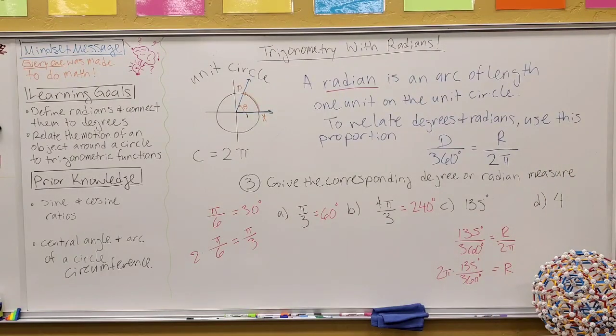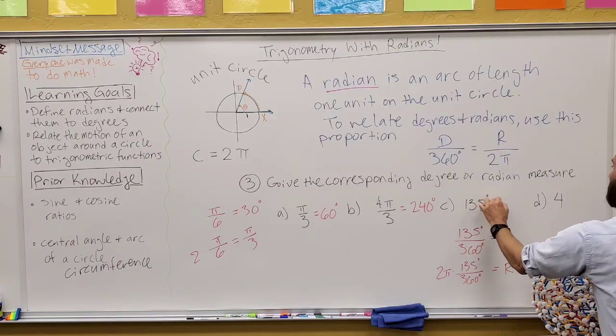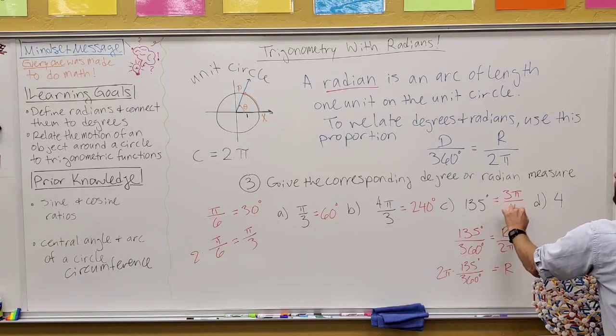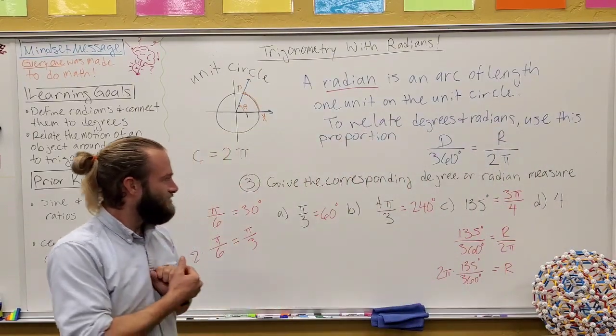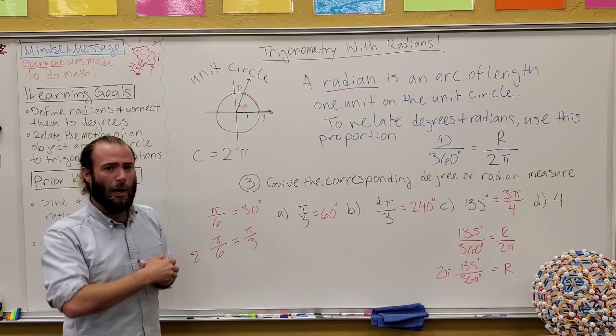But off the top of my head, I remember that this is going to simplify to 3 pi over 4. Okay, my brain's a little bit rusty, right? So that's what you should get once you solve for r.